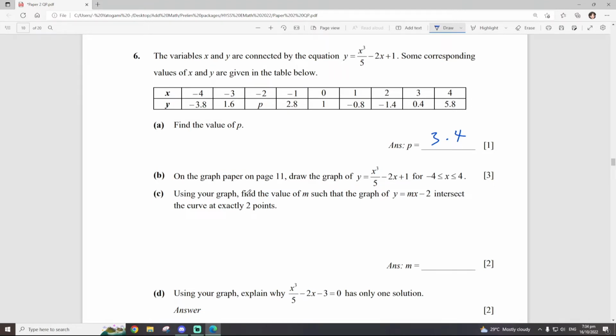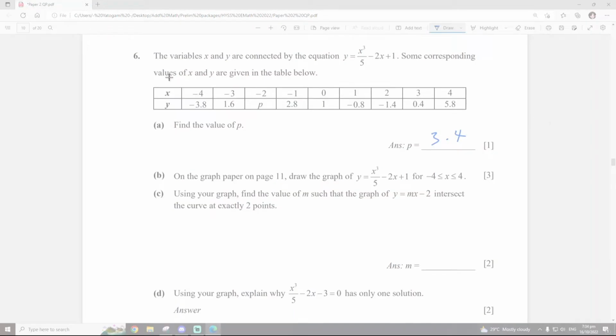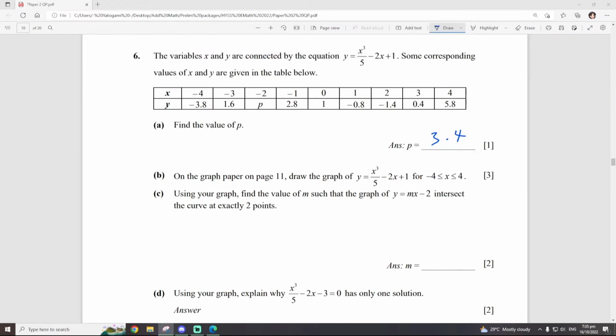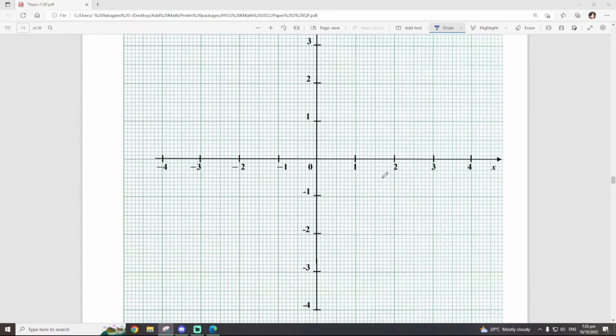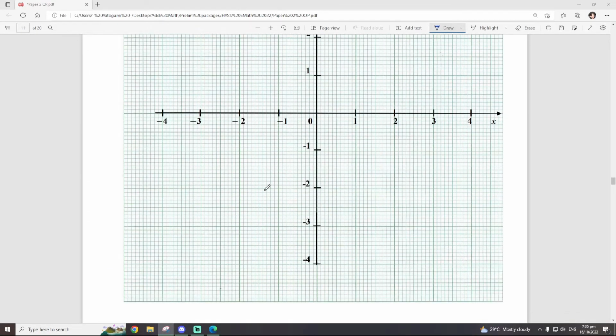Okay, let me make this a bit easier for myself. I'm going to snap a picture of this. Okay, so we have all the values and we're going to plot the points. The scale has been given for us, so we just need to follow 3.8.